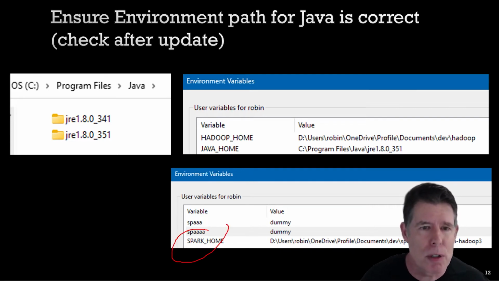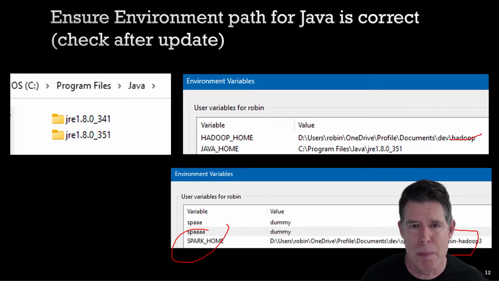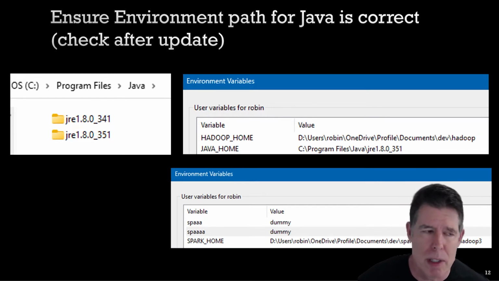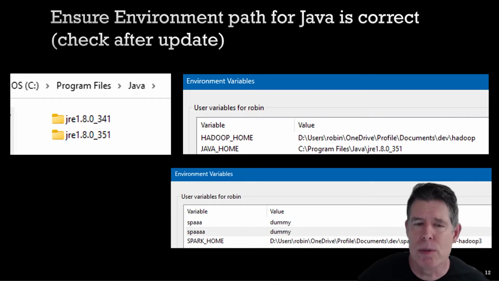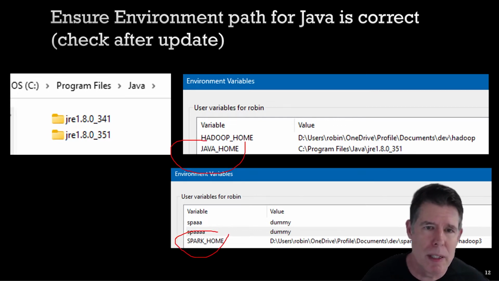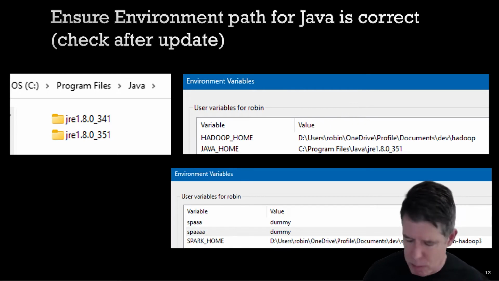And I've got a Spark home, and it has a path to not the bin, but just the folder where everything's installed. That's true of Hadoop too. It's not the bin folder that's in the path. It's simply the root folder of your install for Hadoop or Spark home. The most important are the Spark home and this Java home, and the Hadoop home can depend on your usage of the Hadoop file system.